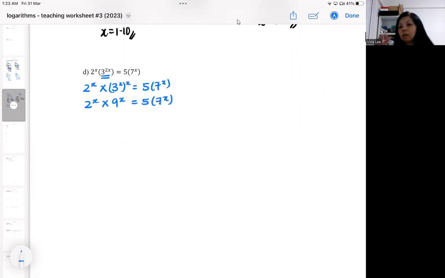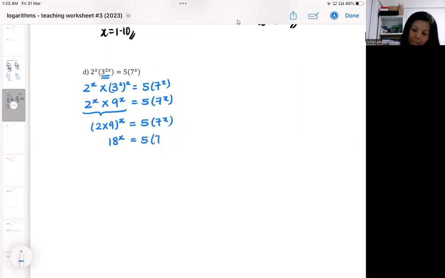Remember I said your job is to gather all the x to one side. If you still remember your indices rule, there is a rule for same power. So when the power is the same, you can make it this way. So I will get 18^x.